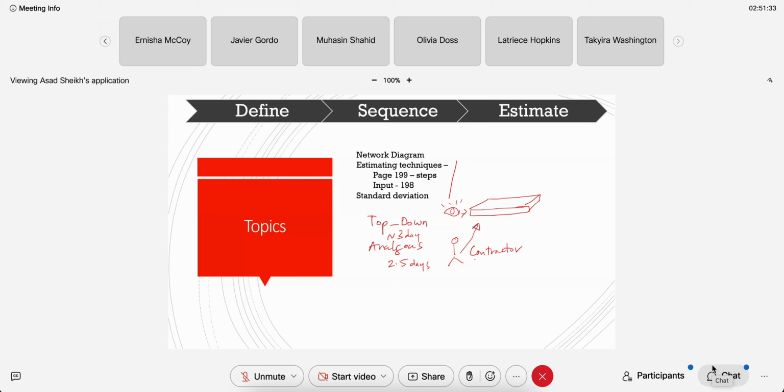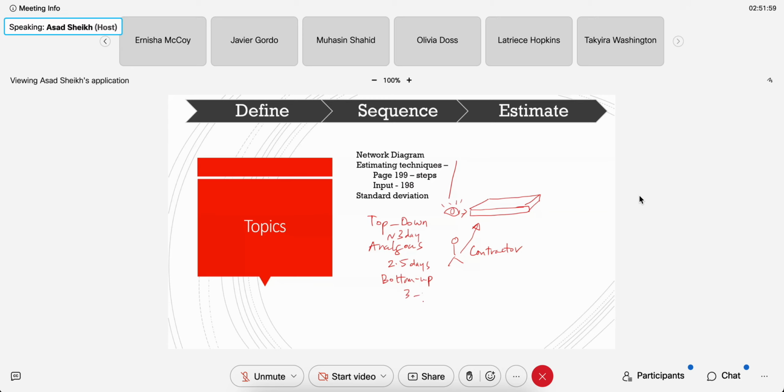This was you, who said approximately 3 days. Here comes the contractor. He says no, it's going to take exactly 2.5 days. He is using the bottom up method.